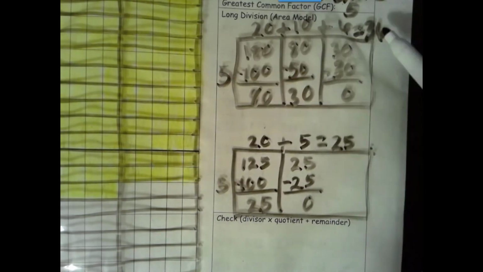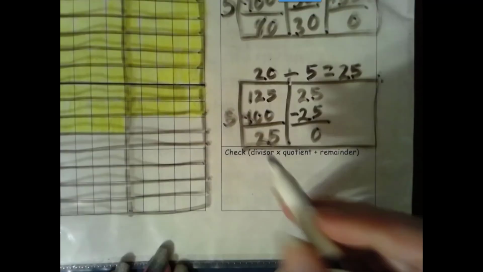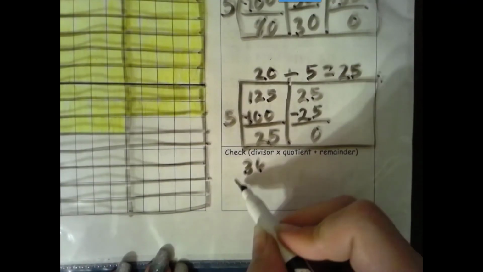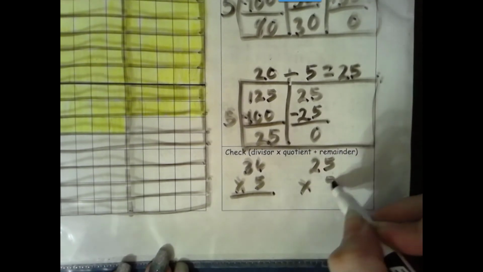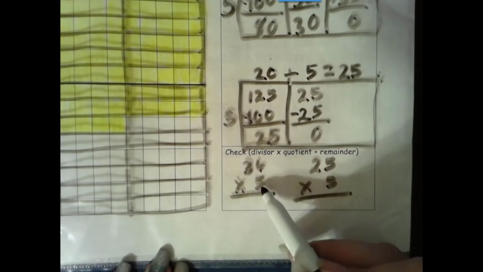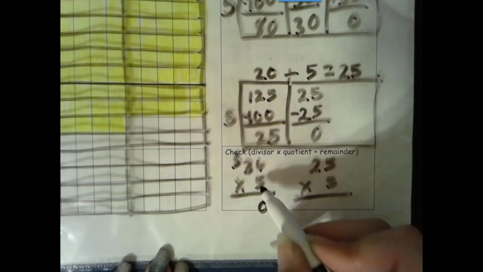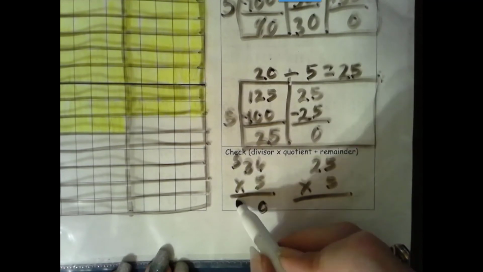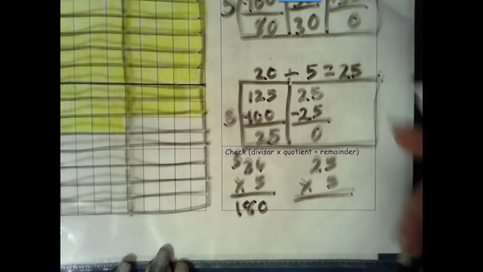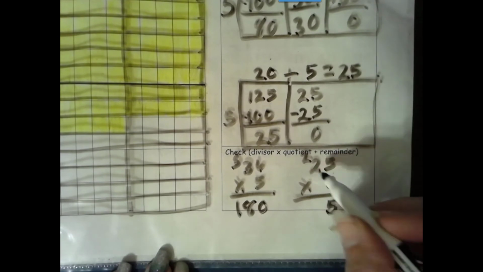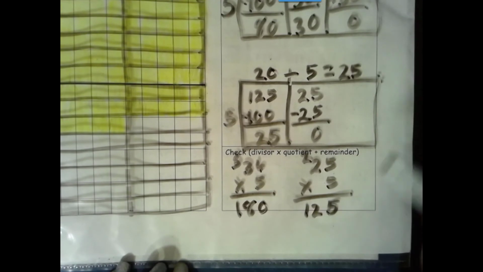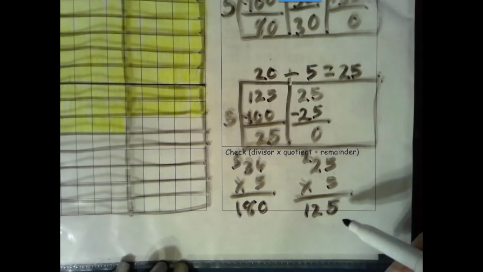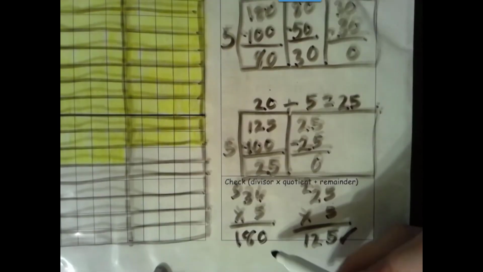Now we need to check divisor times quotient plus remainder. Since our remainder is 0 for both and our identity property of addition says when you add 0 it stays the same, we don't need to take time to add 0. 5 groups of 6 is 30. 5 groups of 3 tens is 15 tens plus 3 more tens is 18 tens. 5 groups of 5 is 25. 5 groups of 2 tens is 10 tens plus 2 more is 12 tens. 125, that matches our dividend, so that checks. 180, that matches our dividend, so that checks.